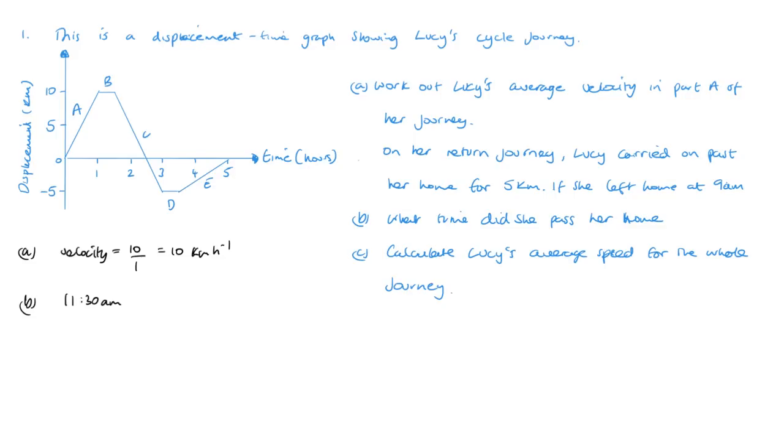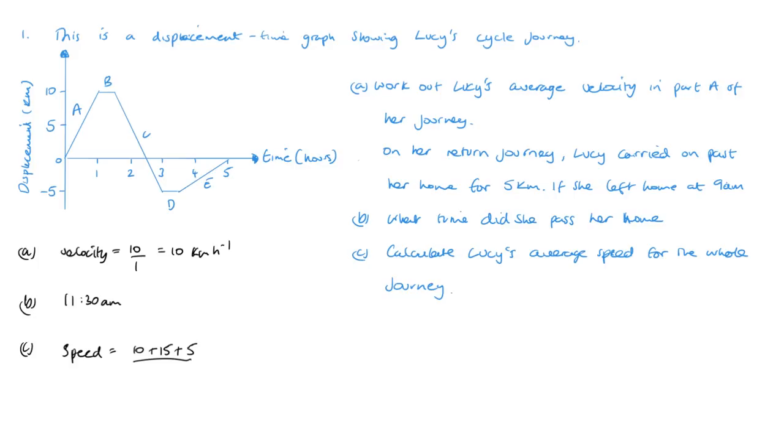Right, part C. Calculate Lucy's average speed for the whole journey. So her speed is going to be the total distance. So that's 10 plus 10 plus 5, so plus 15. So that's 10 plus 15 plus another 5 here back to her home.